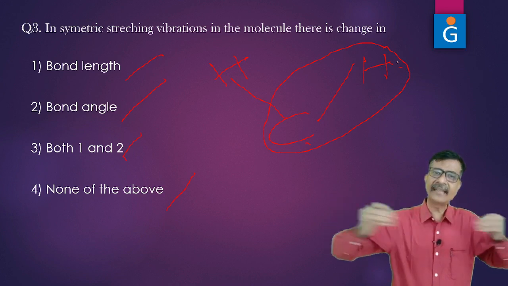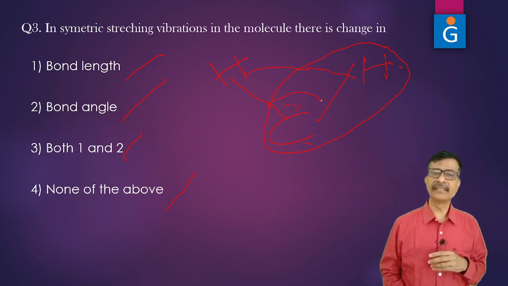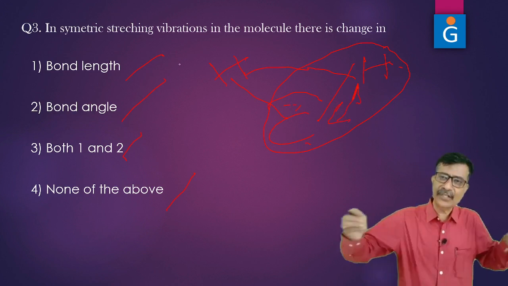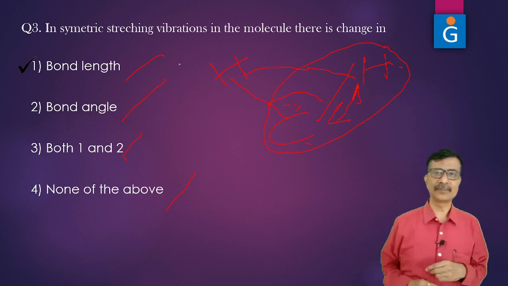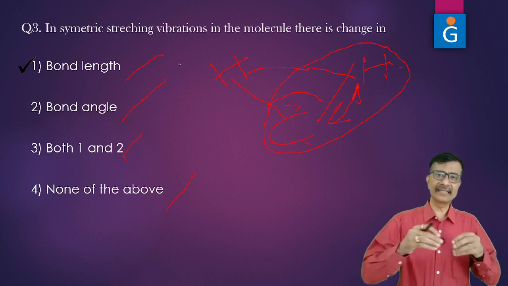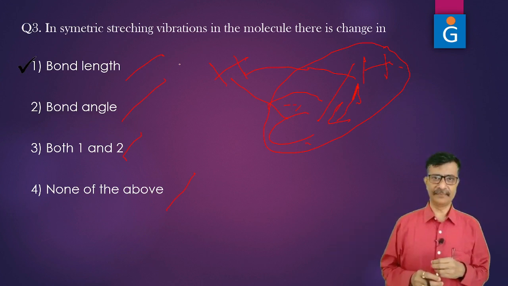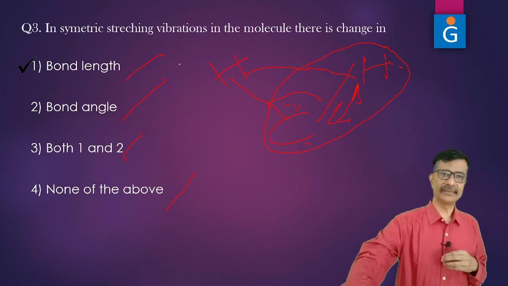The bond length changes, and when there is a bending vibration, then there is a change in bond angle. This is a bond angle and this is bond length. So when there is a stretching, the change in bond length takes place. In this case, one atom moves away from the other atom. So this is a kind of stretching vibration.